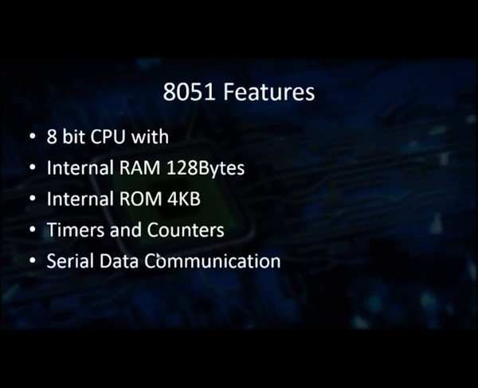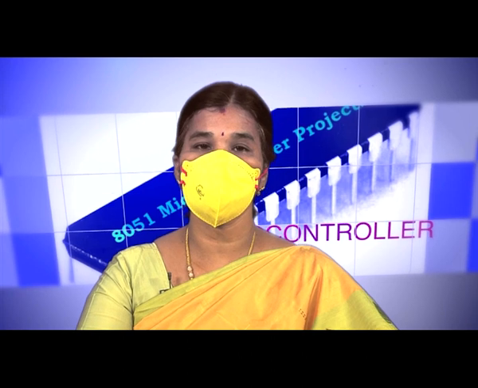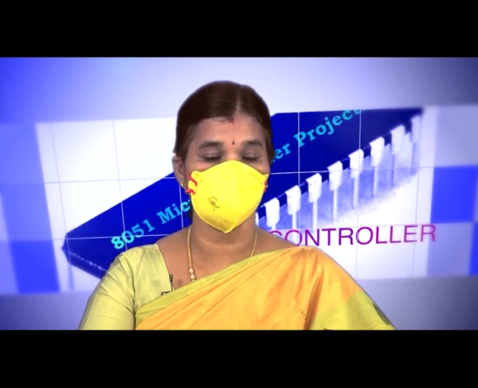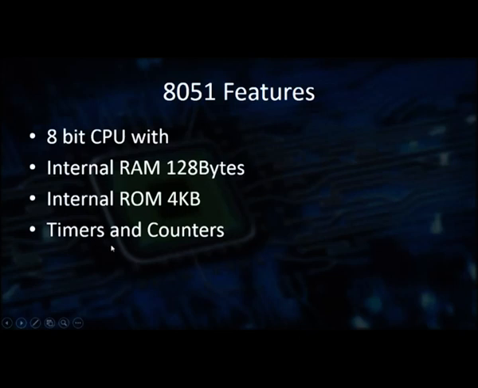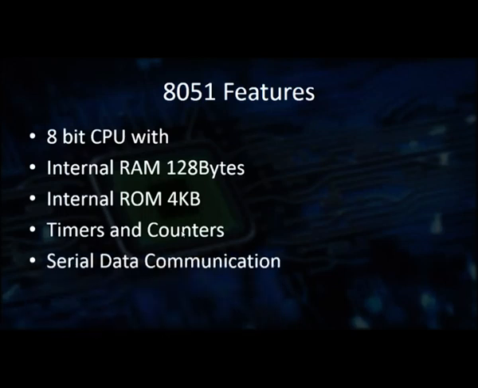It has two 16-bit timers, denoted T0 and T1, used for both counter and timer purposes. It has full duplex serial data communication, meaning a single mode used for both transmission and receiving. These are the features of the 8051: an 8-bit CPU with supporting internal registers, memory, timers and counters, and serial data communication.